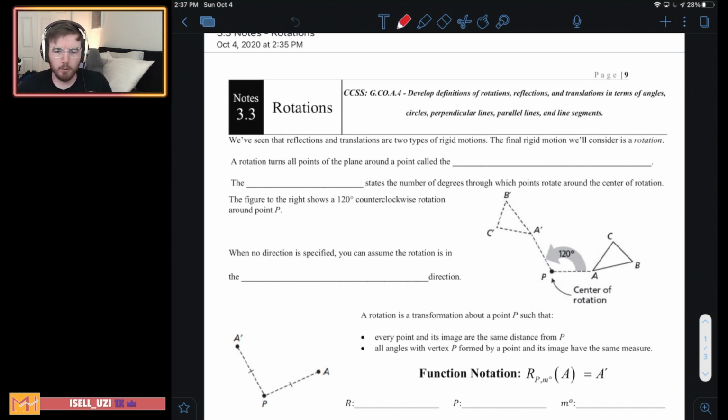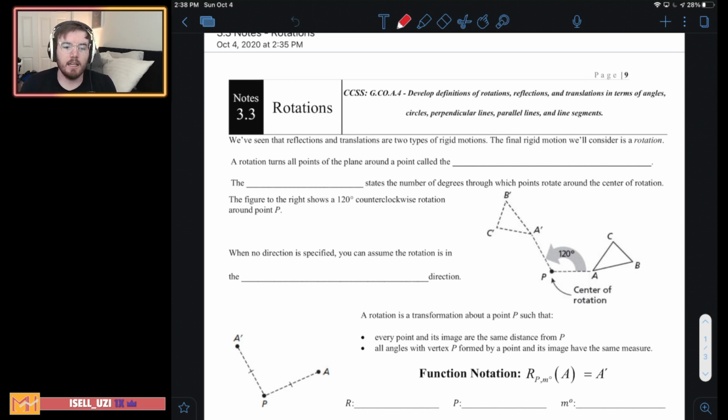So I think we're all pretty familiar with the idea of rotating an object, but we're not just going to casually turn it. We're rotating it a specific number of degrees, or rotating it around a specific point. Okay? So we've seen that reflections and translations are two types of rigid motions.